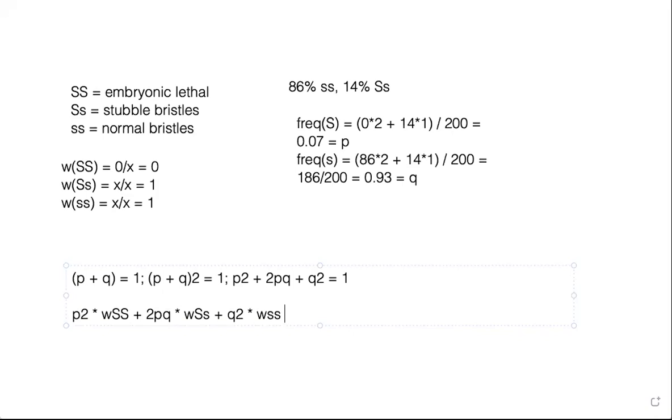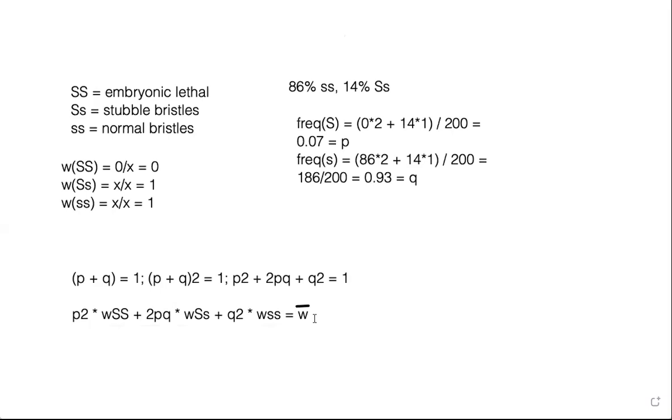And if you calculate all of this, you don't get 1, you get a quantity called W bar. And I always have to come in and draw the bar. Remember, a bar over a number is a way of showing that it's a mean, an average.